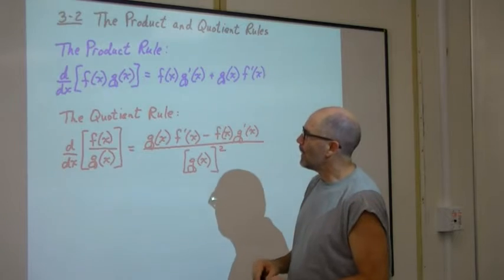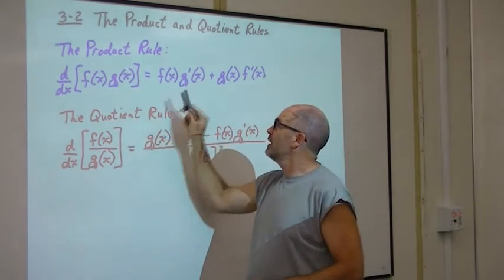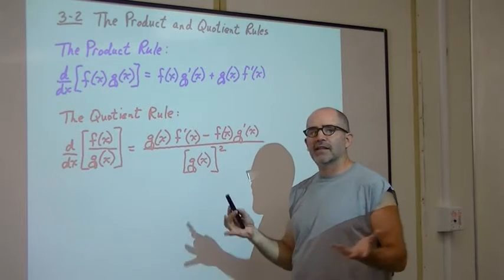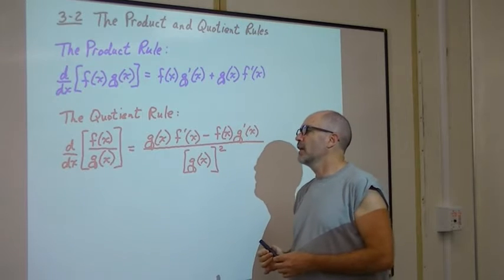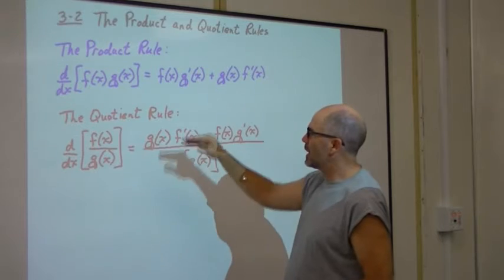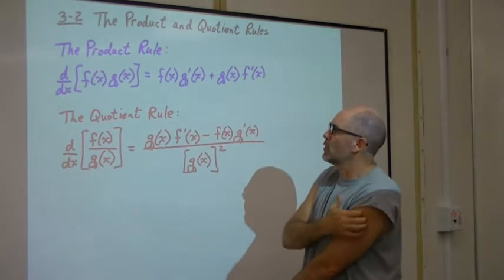Okay, so the derivative of a product of two functions, first times derivative of the second plus second times derivative of the first. That's it, piece of cake. All right, so while we're at it, let's check out the quotient rule, and then we'll do a bunch of examples with products and quotients.